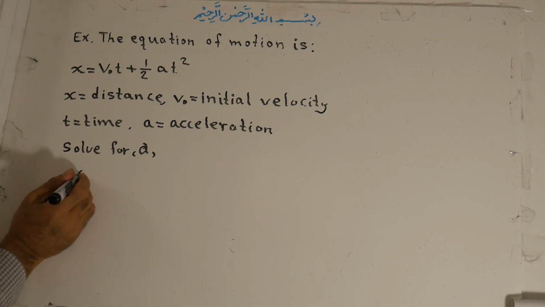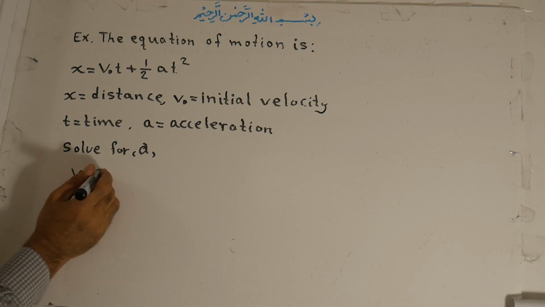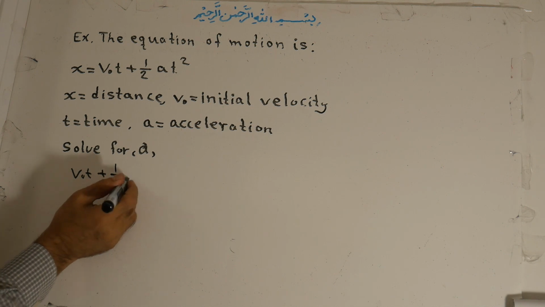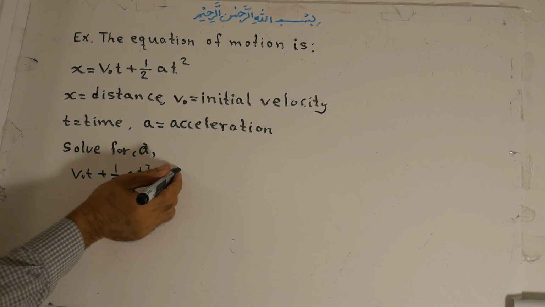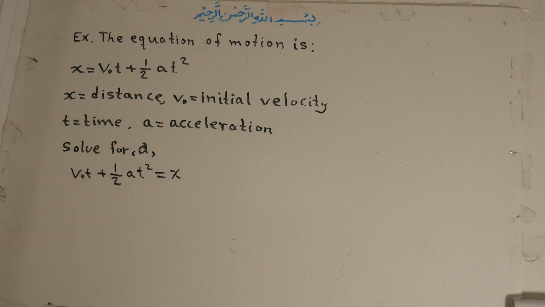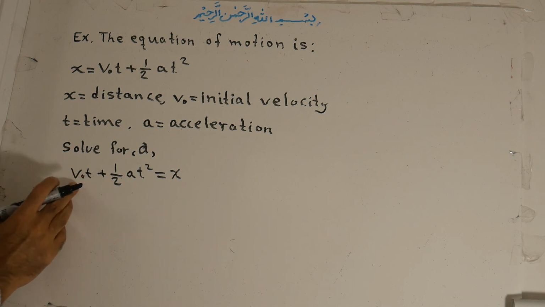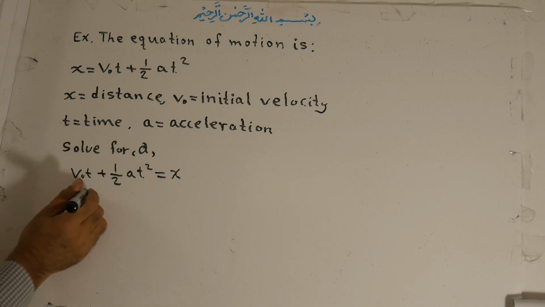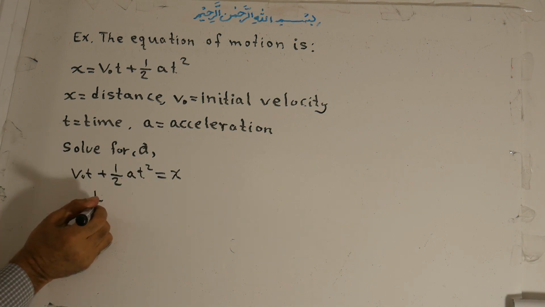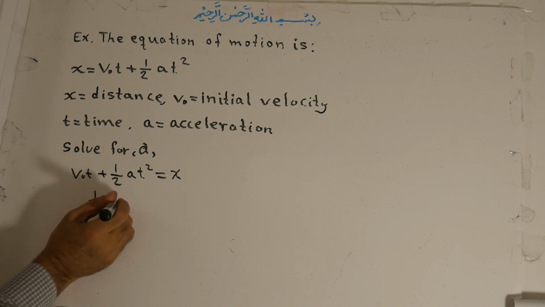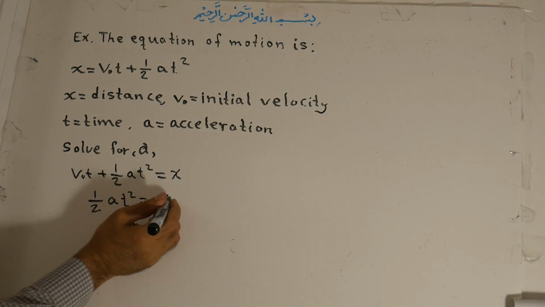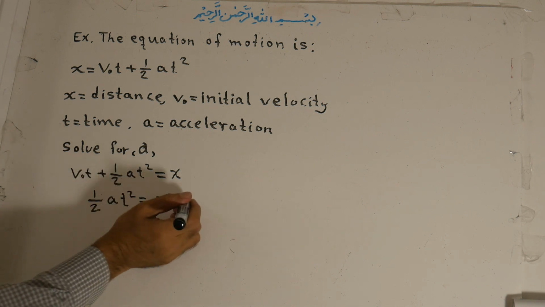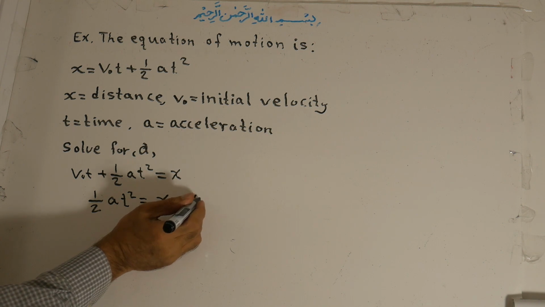V0t plus 1 over 2 at squared is equal to x. To remain with only this one, we should bring the V0t to the right side. 1 over 2 at squared is equal to x, and when you transfer this one from left to right, it becomes negative V0t.